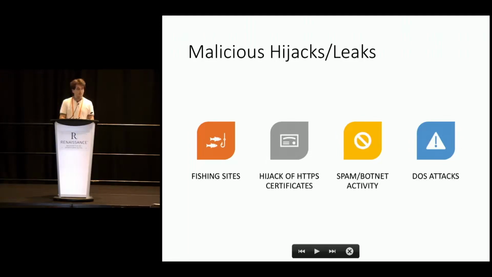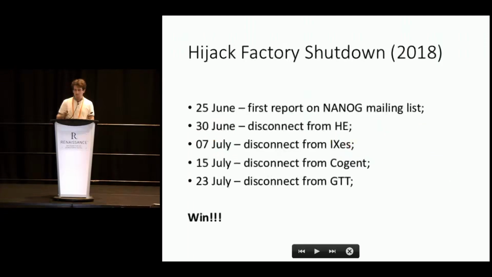So, what do we have to fight the intruder? Here's an example. There was a network that for years was constantly hijacking address space from other parties. A year ago, this activity was finally reported on the NANOG mailing list, and within a month, this network was fully disconnected from all its upstream providers.